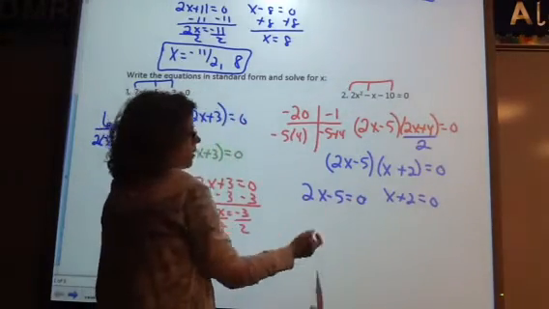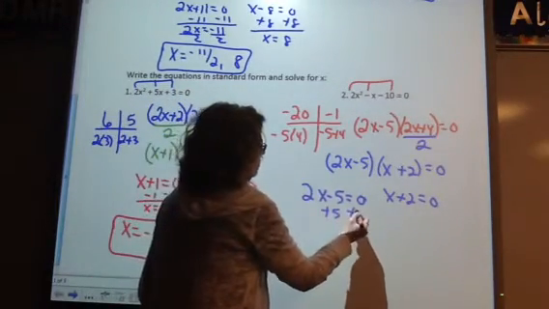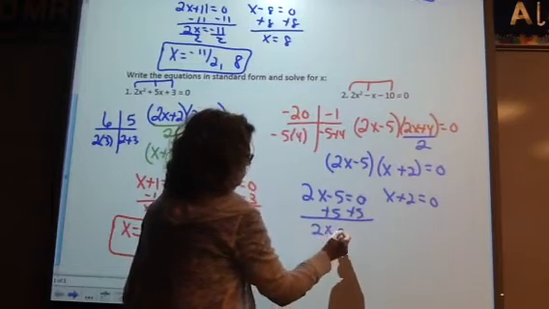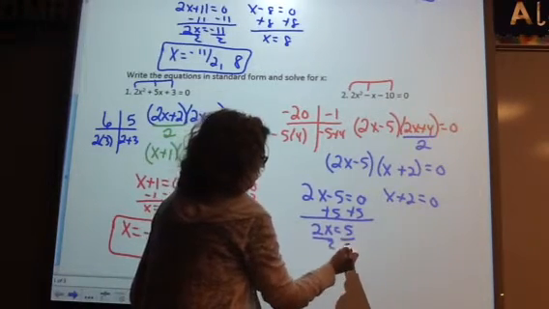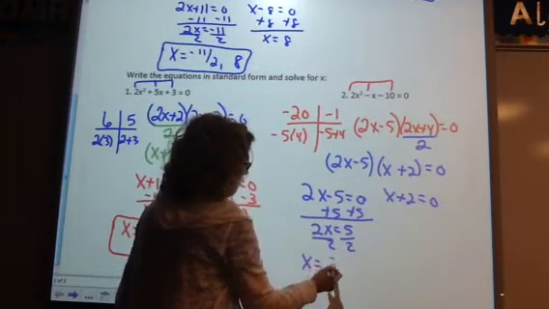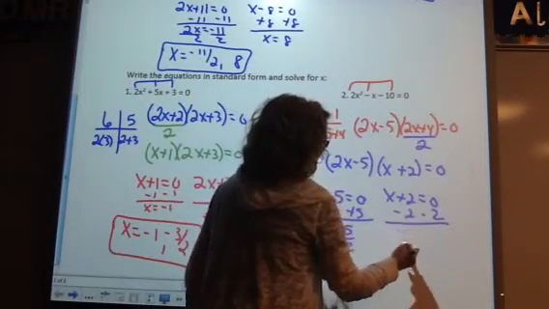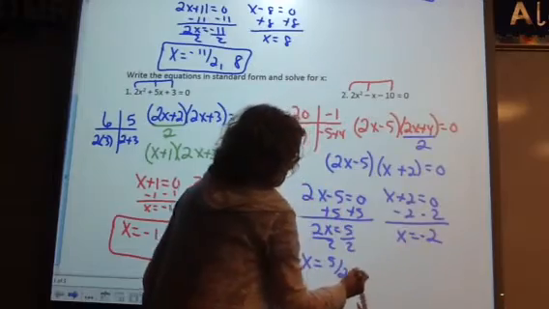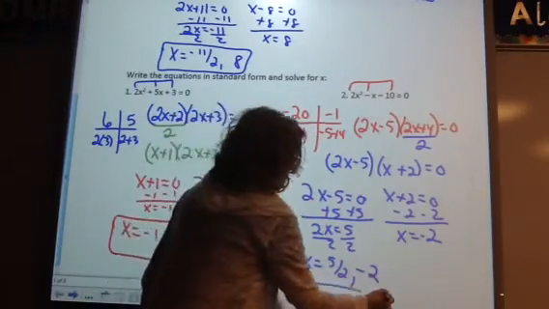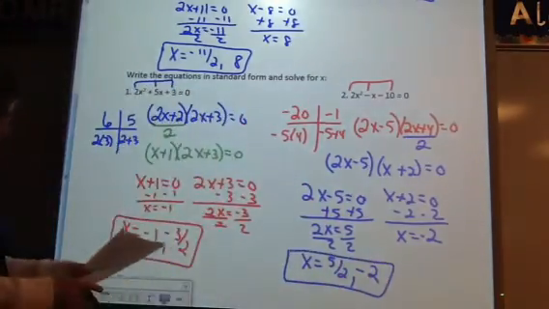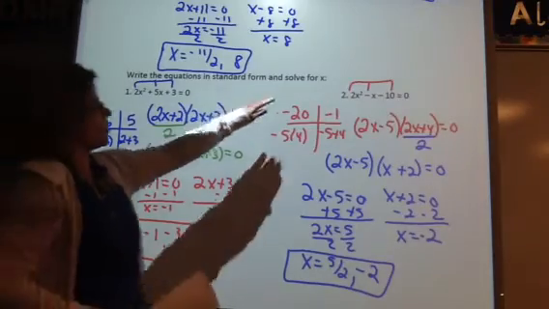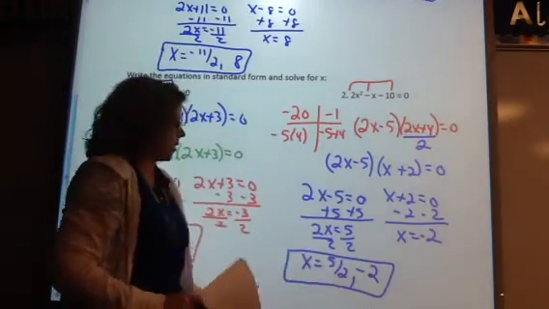And now we solve each equation. So for 2, our solution is 5/2 and negative 2.